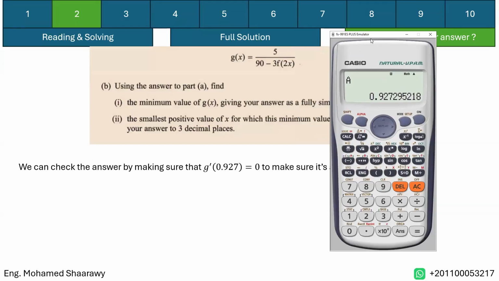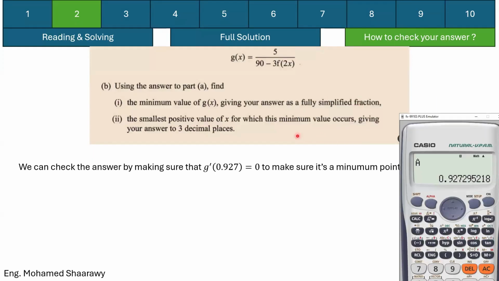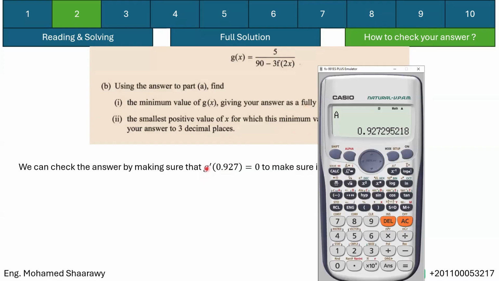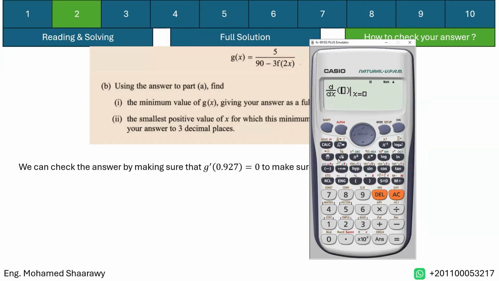Okay, the best way to make sure that this is a stationary point is that g dash at this location will give you 0. So let's make the calculator check the value of the gradient, which is d by dx of this function at x equals a, which is 0.927.